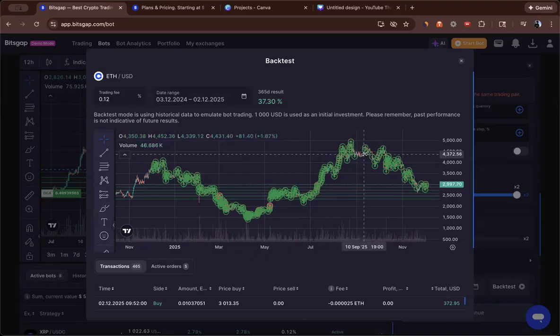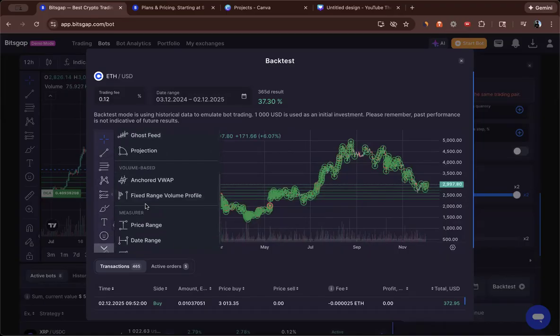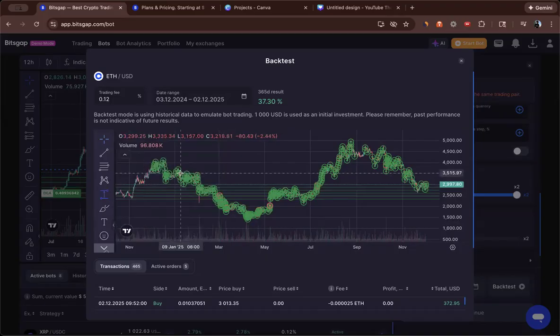Just September, the first week of September, really. Let's see, get my price range. We started right about here and we've gone down to here. So ETH has gone down 17.47 percent in the last 365 days.